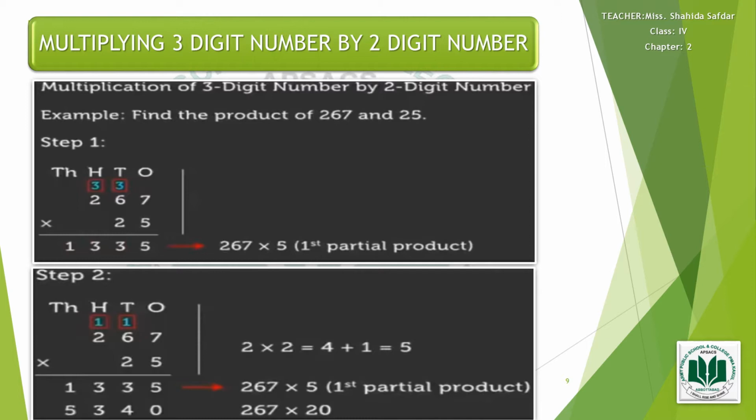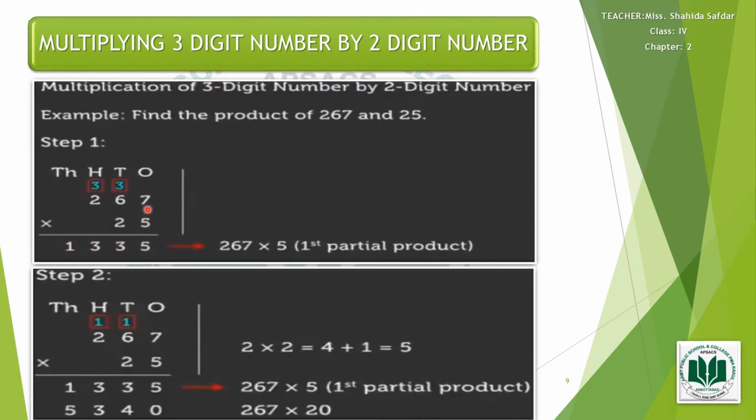Step 1 is we multiply 267 by the digit which is at ones place of the multiplier. Here the digit at ones place is 5. So we multiply 267 with 5.